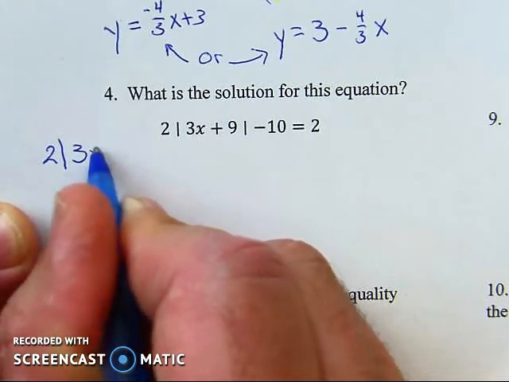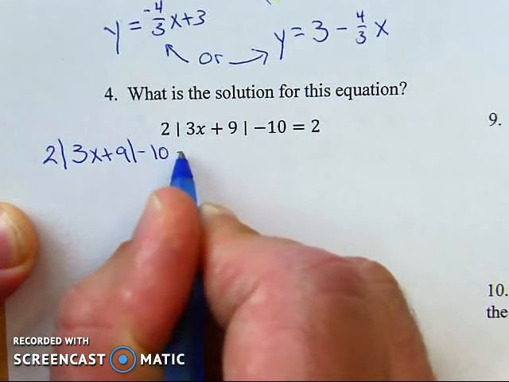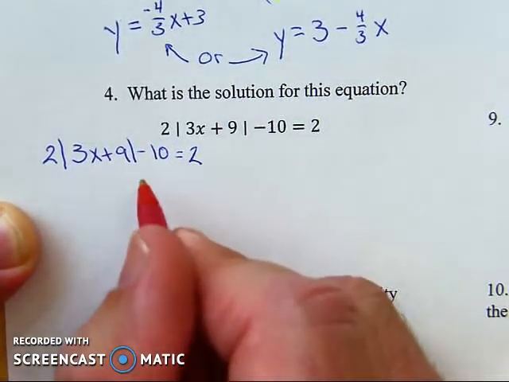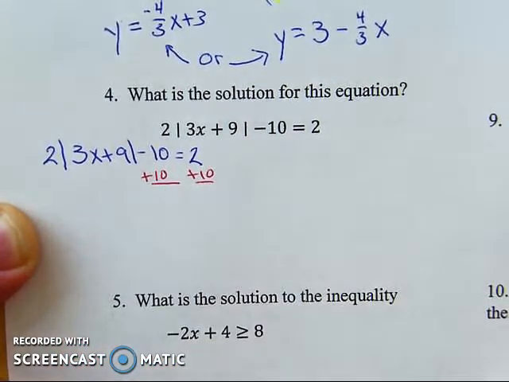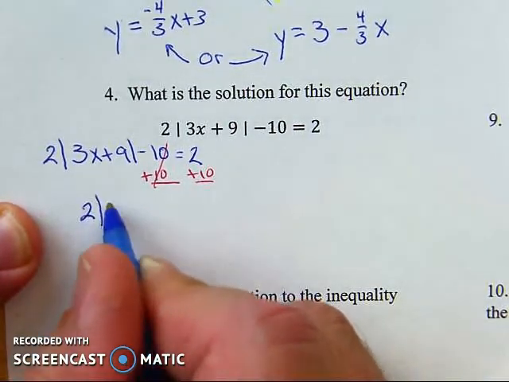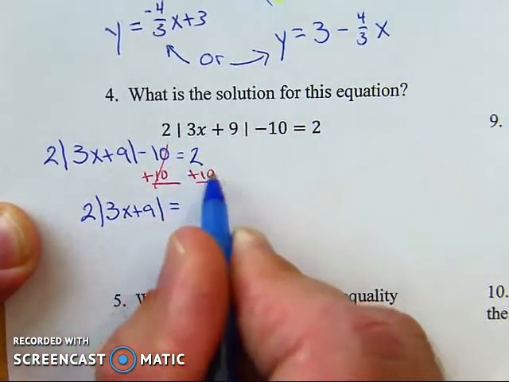So I'm going to move this over here, just copy it down as is. All right, then the opposite of subtracting 10 is adding 10. So I will go ahead and do that. It'll cancel out the 10s.